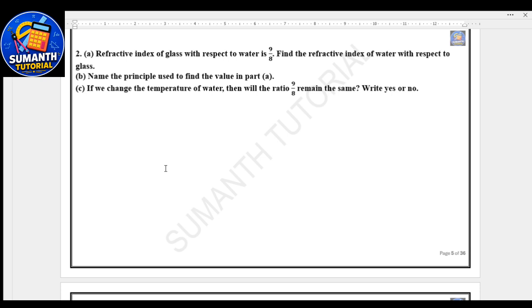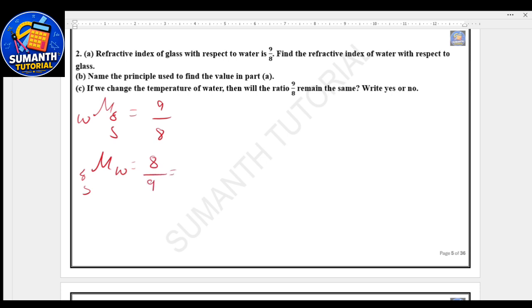First thing is the refractive index of glass with respect to water, which is 9 by 8. Then the refractive index of water with respect to glass is obviously 8 by 9, the reciprocal.